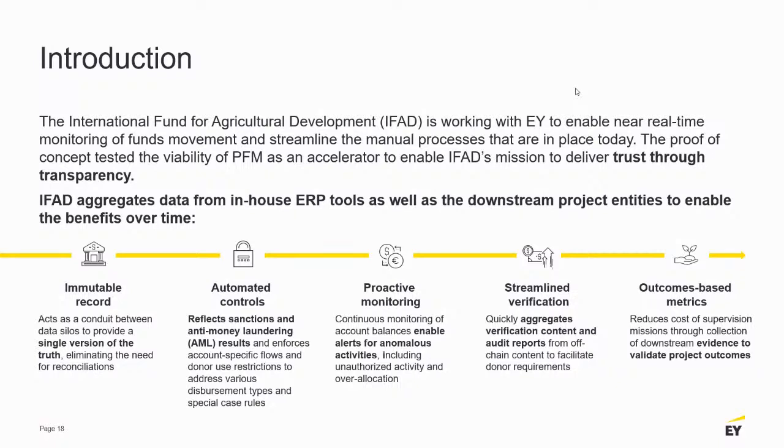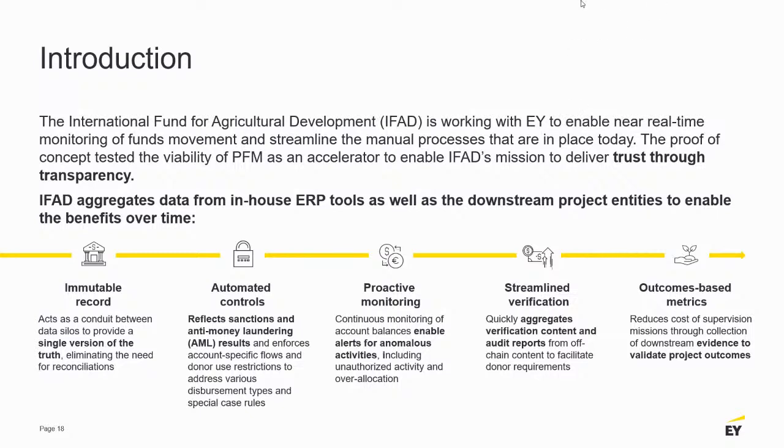It's important for the donors, to create trust that they're spending the funds in a responsible way, but it's also important for IFAD to understand how funds are being spent, what they're getting for it, and at any given moment to be able to start to evaluate and optimize. As you can see here, in the bolded words, the proof of concept was really to enable IFAD's mission to deliver trust through transparency.